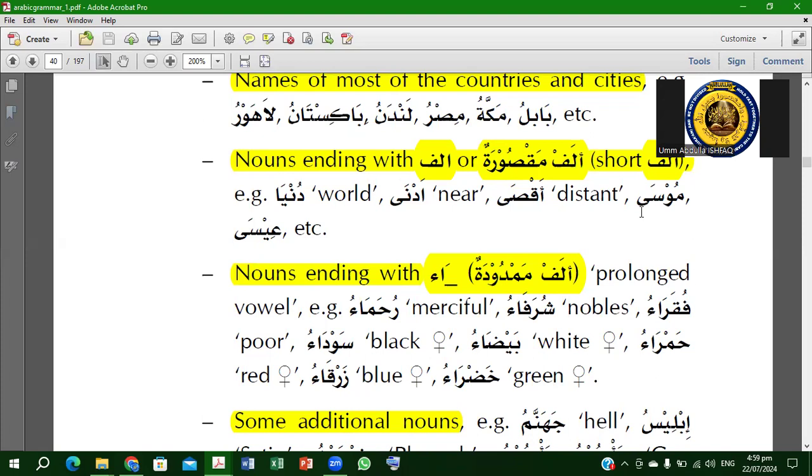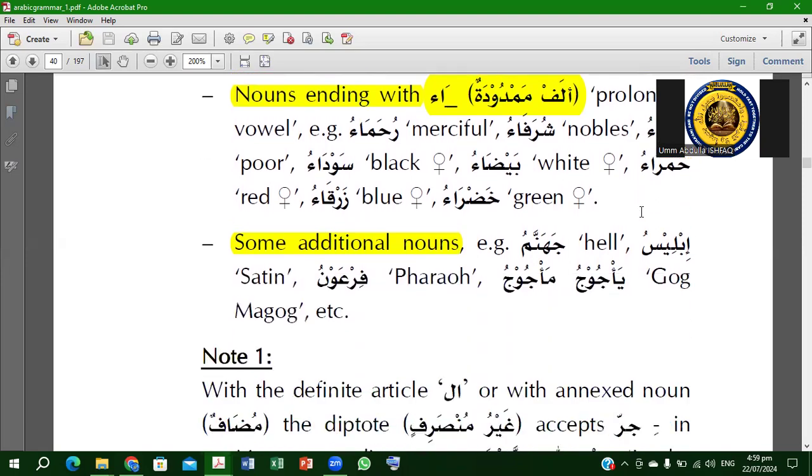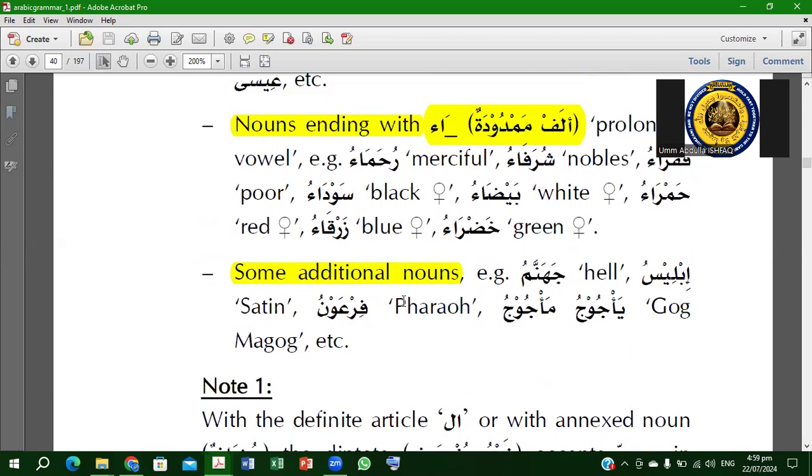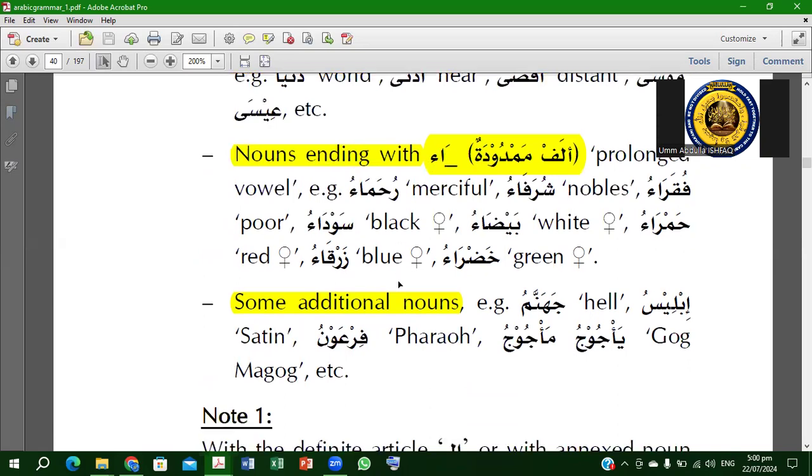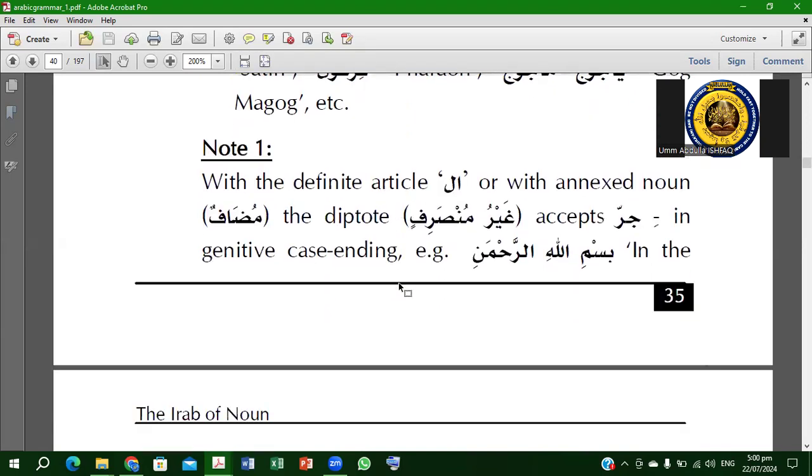Okay, so this is mabni, yani this is non-flexible. Some additional nouns like Iblis, Jahannam, Ya'juj, Ma'juj, Fir'aun, these are also partly flexible. Names ending with alif and mad, alif mamduda, are also partly flexible. Okay, so there are some examples of partly flexible.